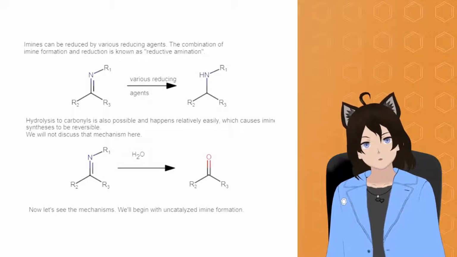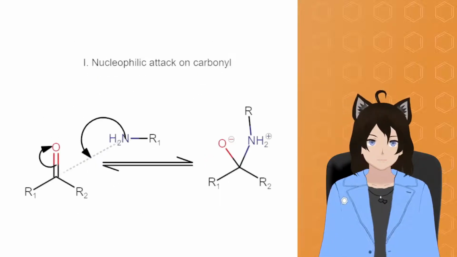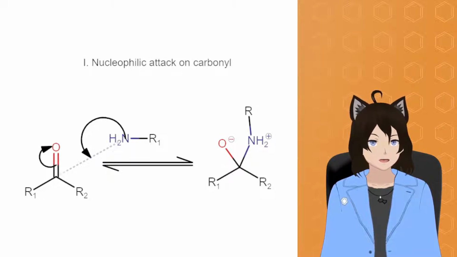First, we're going to look at uncatalyzed imine formation, which is directly between an amine and a ketone with nothing but a solvent. The first step in the mechanism is attack on the carbonyl by the amine. Only some amines can attack unprotonated carbonyls. We'll discuss this selectivity later. This forms this intermediate compound, where the charge on the nitrogen is 1 plus and the charge on the oxygen is 1 minus.